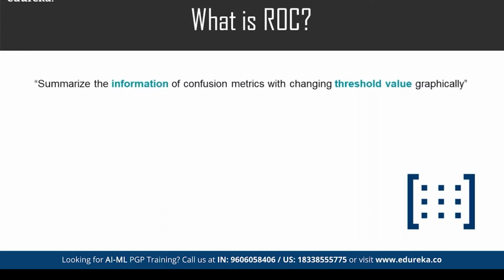ROC is nothing but the receiver operating characteristic curve. It is a curve of the true positive rate, TP rate in short, versus the false positive rate, FP rate. This is the ratio of the true positive rate to the false positive rate at different classification thresholds. This is important. A threshold is a value, and that is where we get to choose the right parameters.